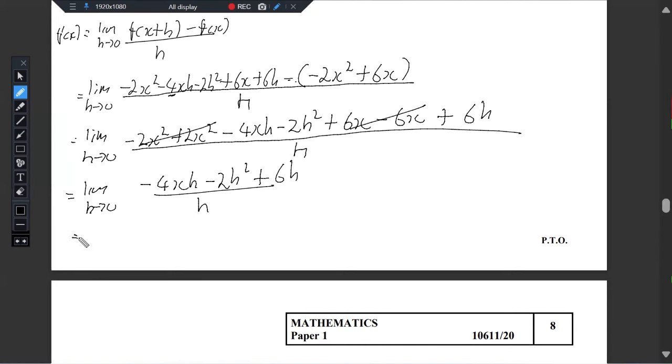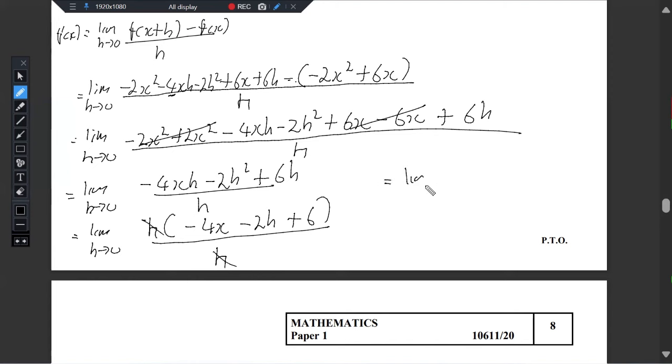Now we can see that we can take out h as our common factor. Negative 4x minus 2h plus 6 over h. Now at this point, h and h can divide out. So this is a lim h approaching 0, negative 4x minus 2h plus 6.